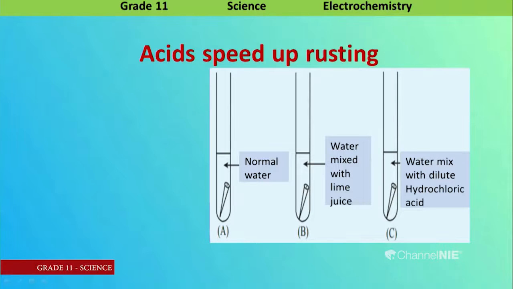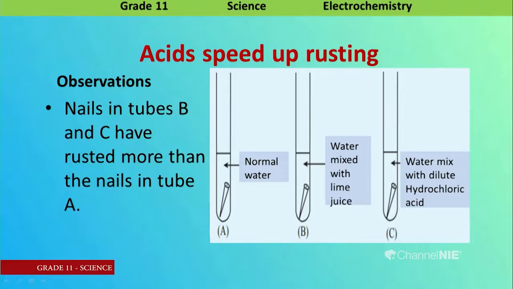When you arrange these setups and keep them few hours and observe, you will observe that the iron nail in C has rusted more and B a little, and the iron nail in A very less. That means these are acids. Acids speed up rusting, right?